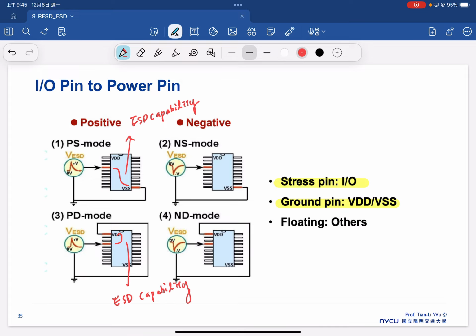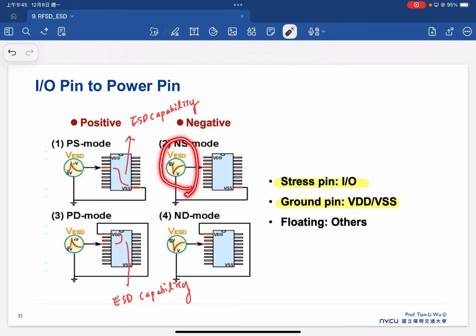Similarly, not only for the positive PS or PD, but we also need to do the negative. So here is a negative ESD voltage test between the pin and the VSS, or negative voltage from the IO pin to the VDD. That's the first one, the pin to power pin.